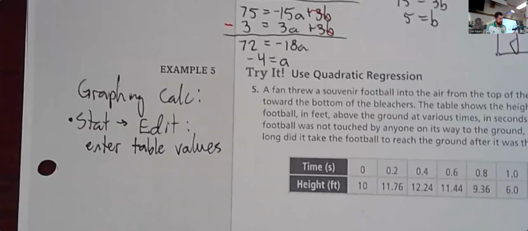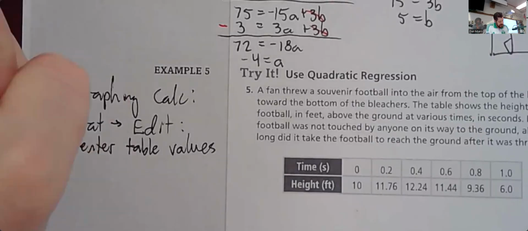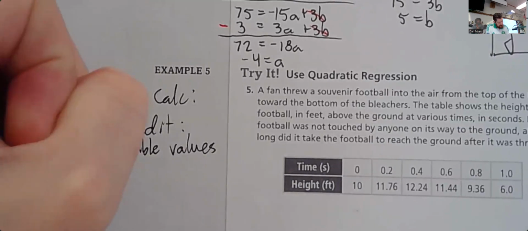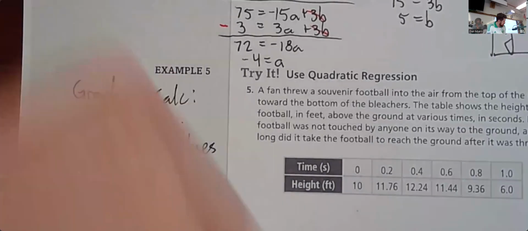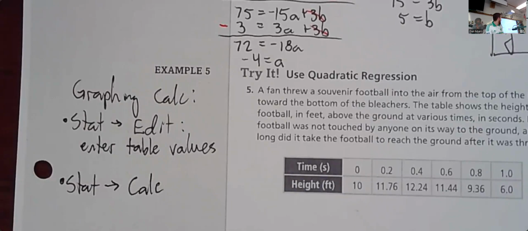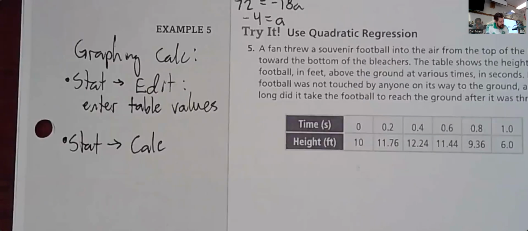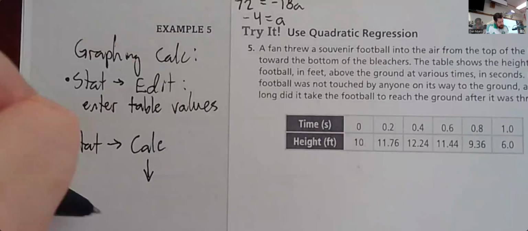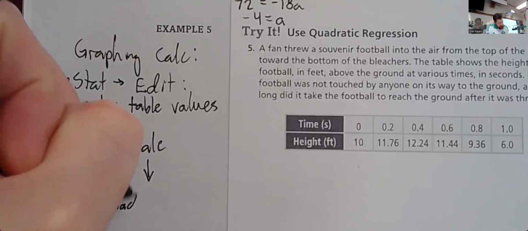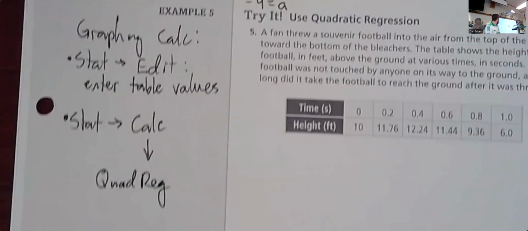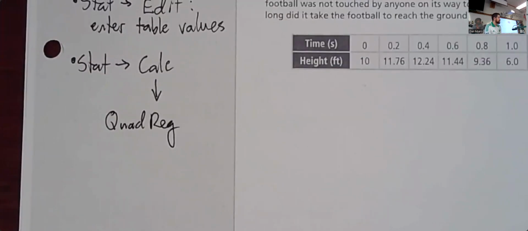All right. Once you go to stat edit and you get all this information, you are then going to go to stats and then over to calc. And from there, you're not going to go to linreg, you're going to go to quadratic.